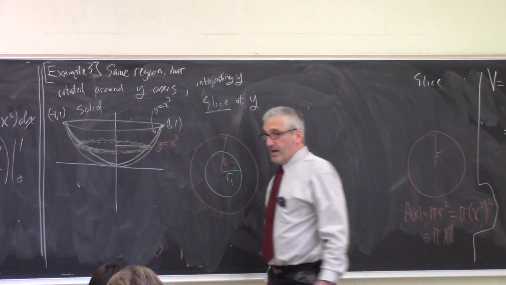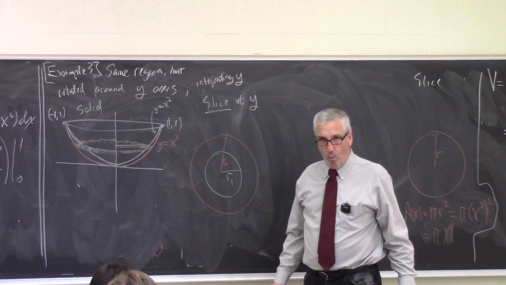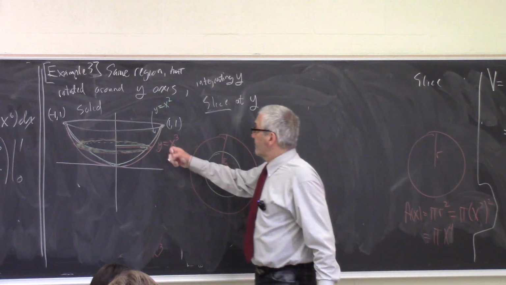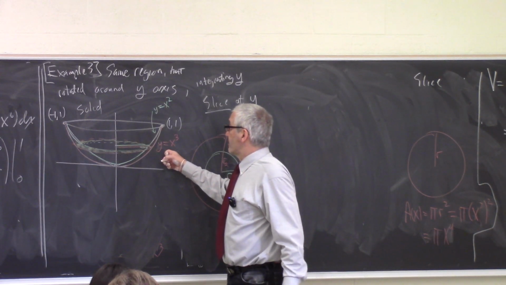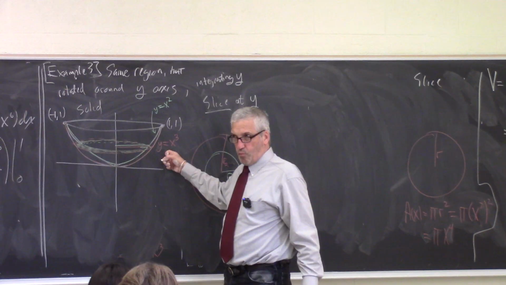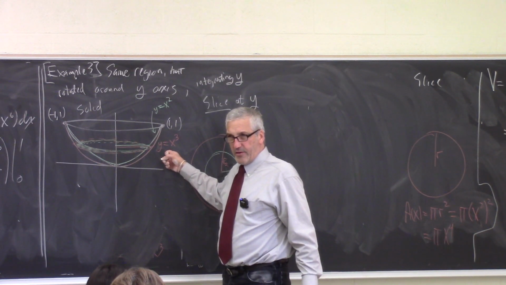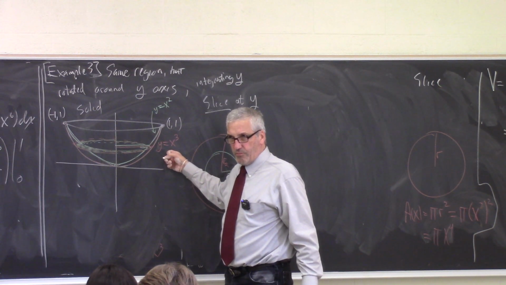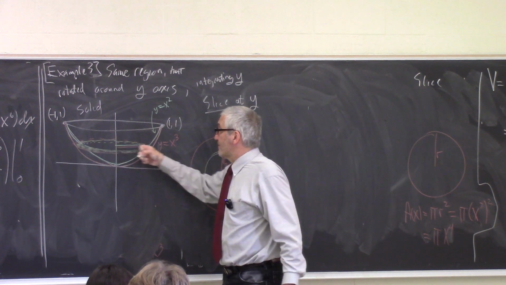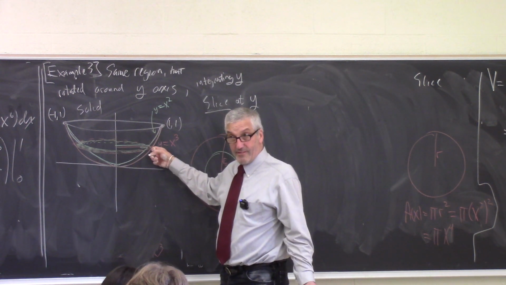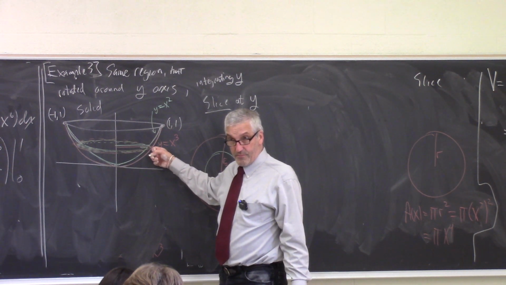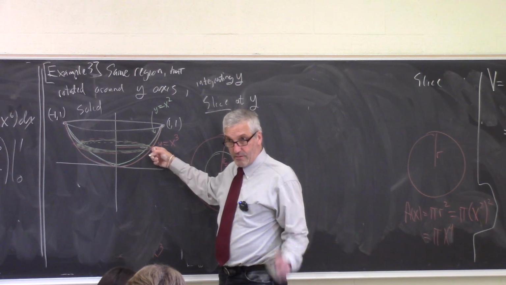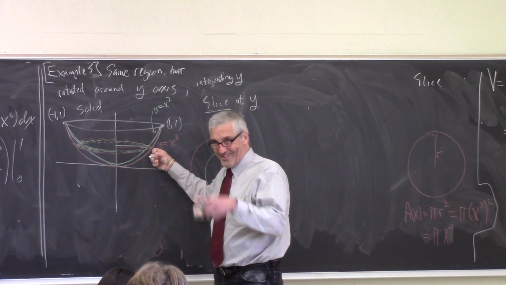So I need to have radii that are expressed in terms of y, not x. So if that's the equation for that red segment, expressed as y as a function of x, how do you express x as a function of y? Because the length of this red segment, that's x.